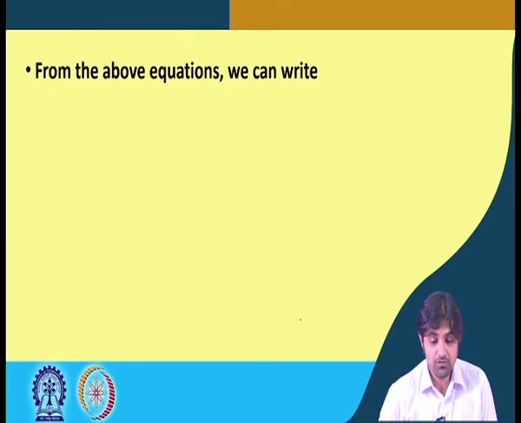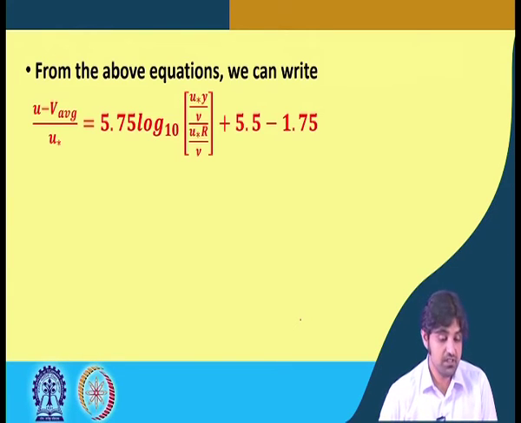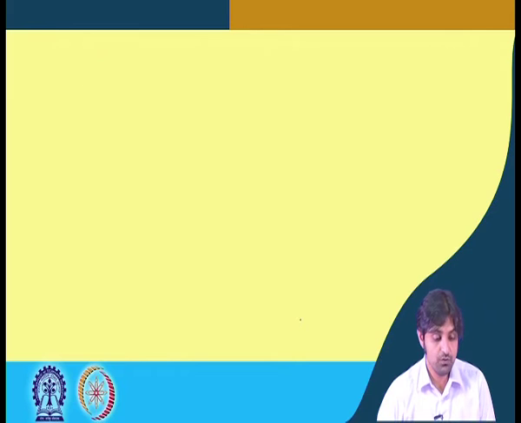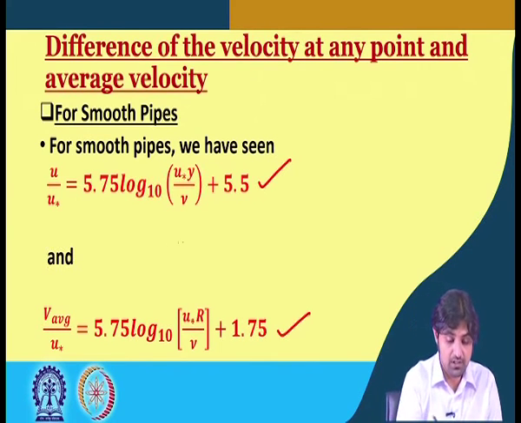Therefore, we can simply subtract these two equations and find u minus V average by u star. So, this minus this.